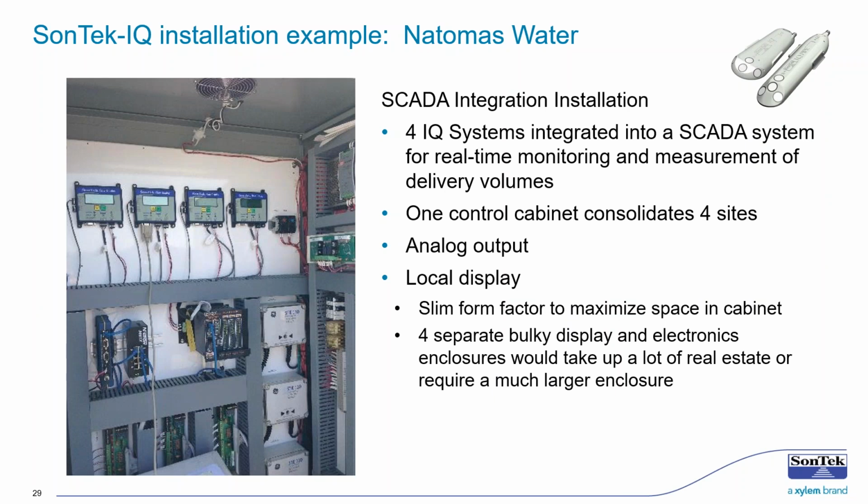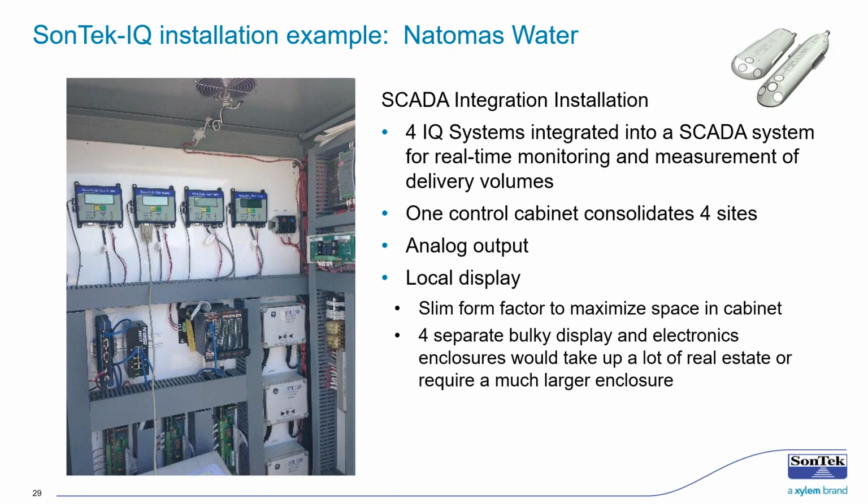The last example we're going to touch on here is a SonTek-IQ example with Natomas Water out of Sacramento. They manage a big system where they have several different types of sites, open channels, pipes, and so they use a variety and a mix of different IQs as well as IQ pipes to manage their system.